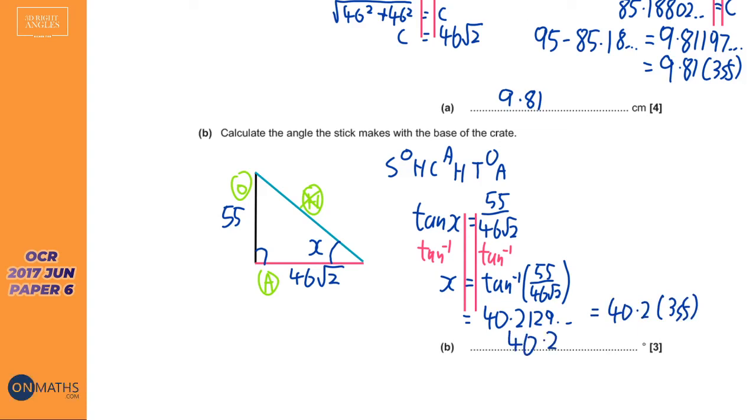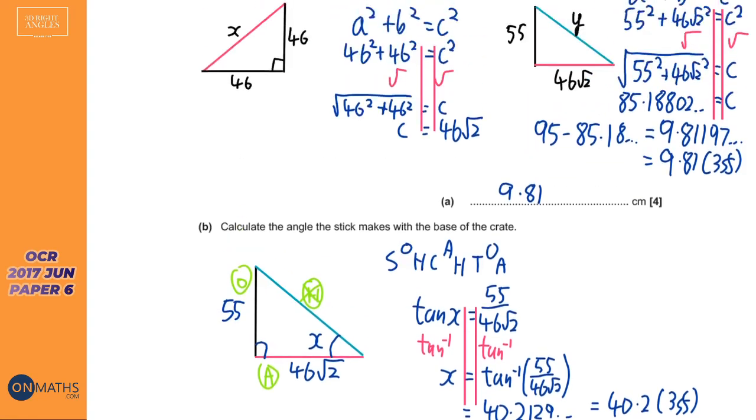So just to be clear on question B, we could have used the hypotenuse of 85.188 and used sine with the 55. We could have actually used the 46 root 2 and the 85.188 and used cos. I would always use the numbers in the question, definitely, because you know that they're right. And so, yeah, I'd always use that 55.